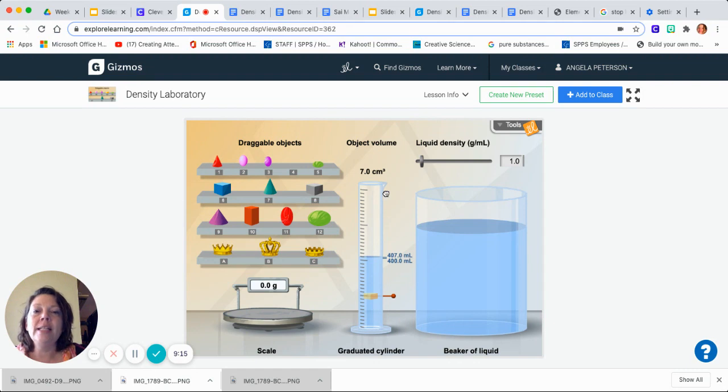Item 4 has 7 centimeters cubed of volume. And item 4 sinks. Item 5 is 4 grams of mass, 3.5 centimeters cubed of volume, and it sinks as well.